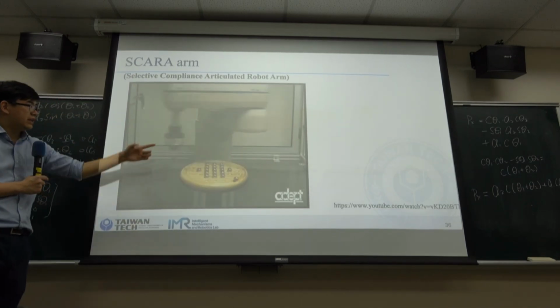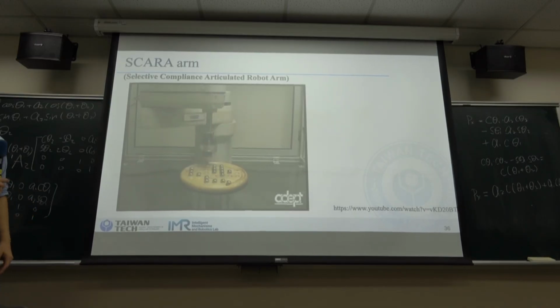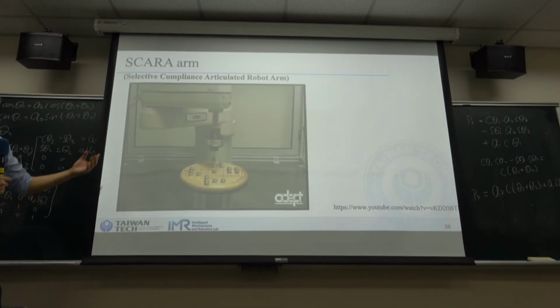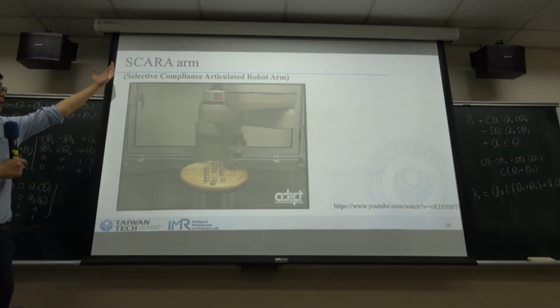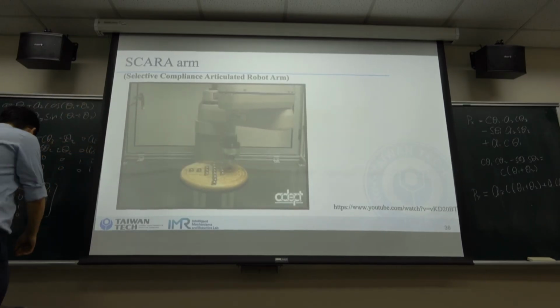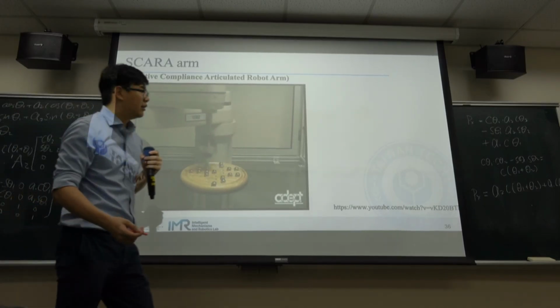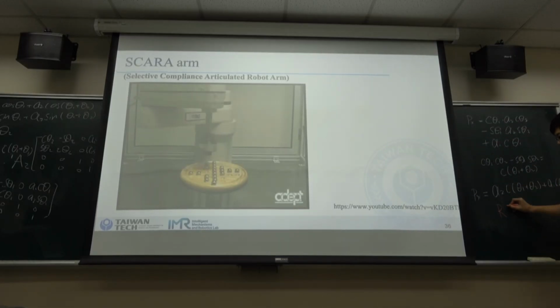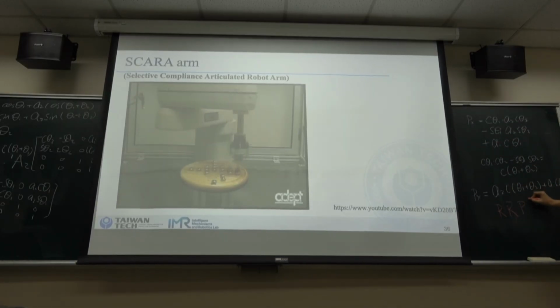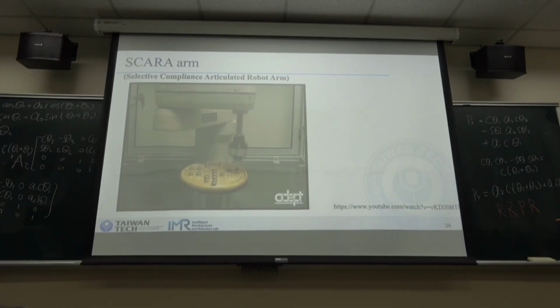So it's a 4 degree of freedom robot. If you align the joints in this sequence, it's a SCARA. So a SCARA robot is R, R, P, R.